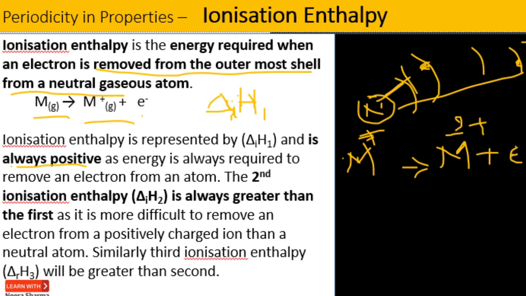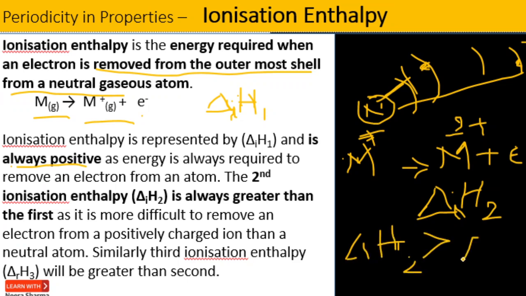This energy required is called delta H2. So this delta H2 is always greater than the first ionization enthalpy, delta H1. Similarly, delta H3 will be greater than the second ionization enthalpy.